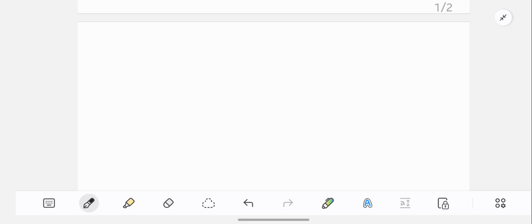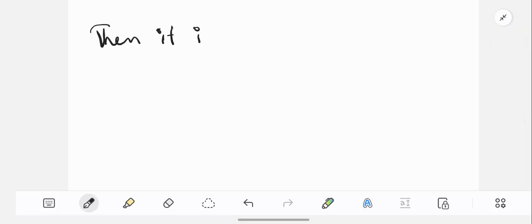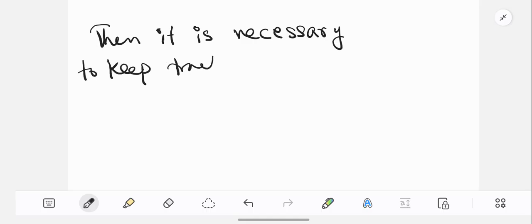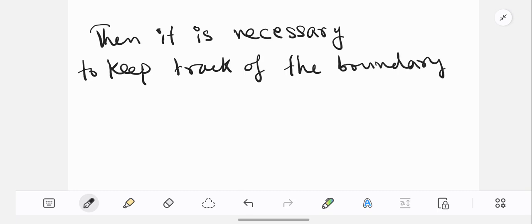So if we are in a compactified space X, then it is necessary to keep track of the boundary. So what is the boundary?